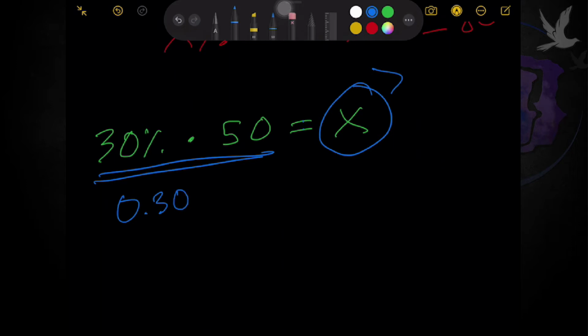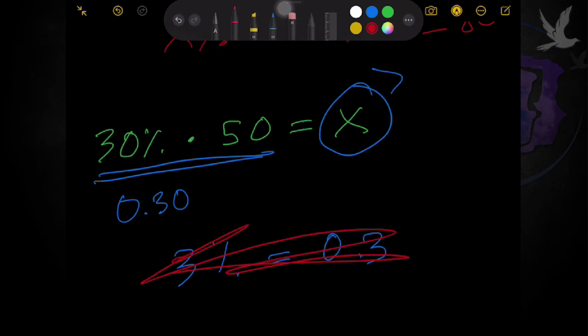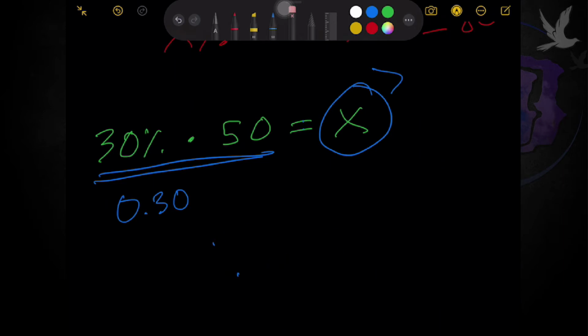Kasi Teacher Mark, why is it 0.3? Isn't it supposed to be 3% if it's 0.3? No. That's wrong. Maling-mali. Okay. Kasi nga, like what I've said, if you remember the time that I wrote a lot of zeros endlessly on the board, the value of zero after a decimal, especially if it's the last zeros, useless na yan.